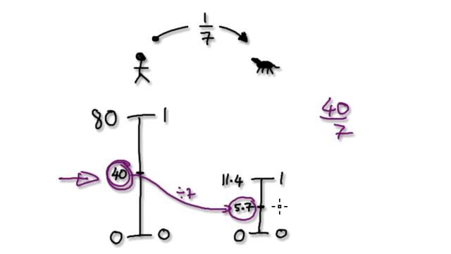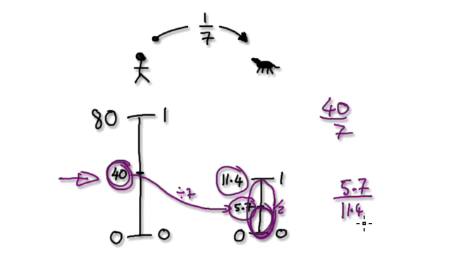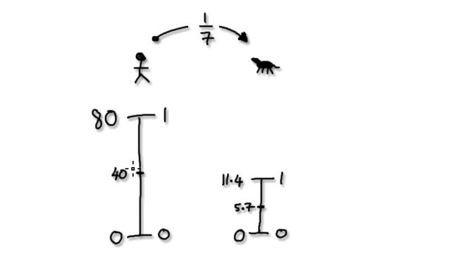The weird thing is it's also half of a dog as well, because if you get part here, which is 5.7, divided by the whole here, which is 11.4, it should give you 0.5, which is also a half of a dog. The point I'm trying to make here is that 40 divided by 7 will also take you to the half level of a dog.